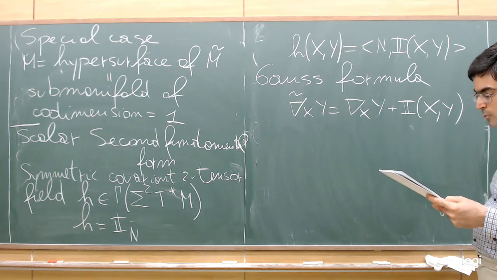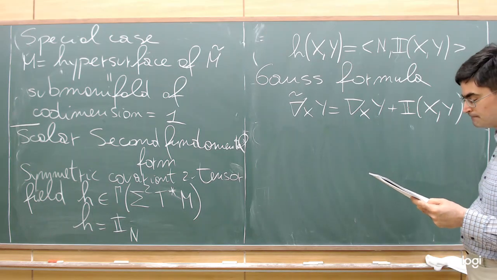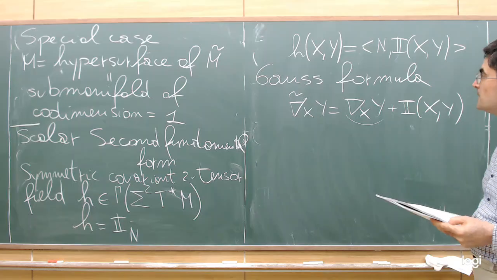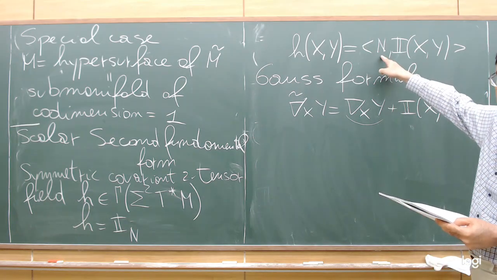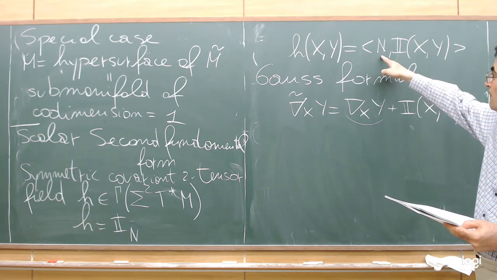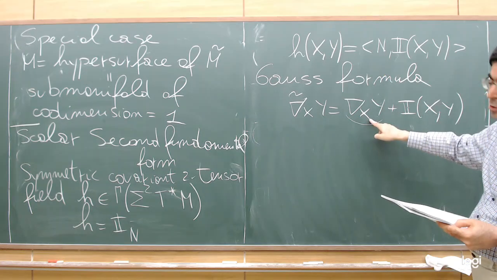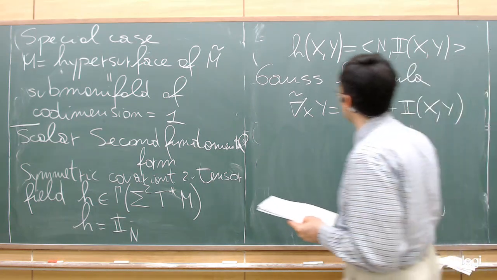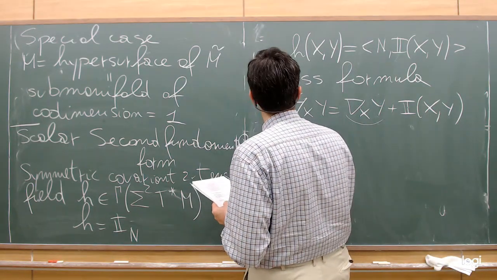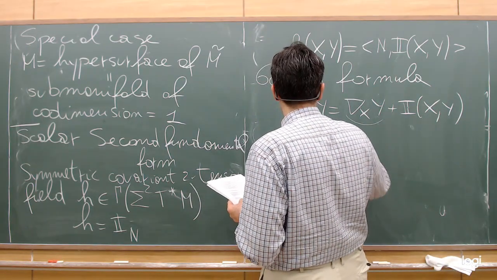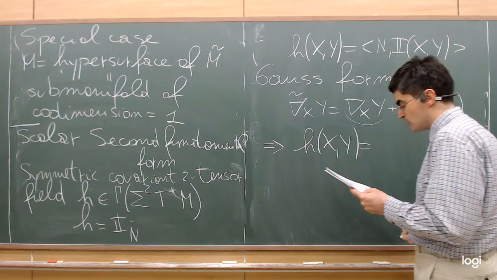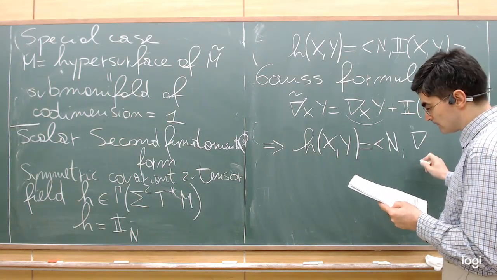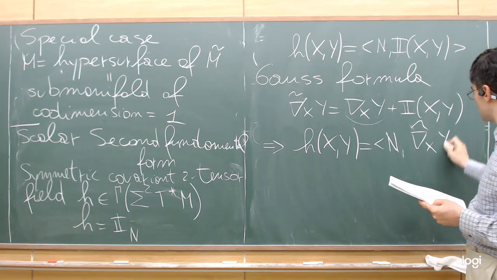And we use the fact that if n is normal to M, then n is orthogonal to this, because this is tangent to M. Consequently, h of x, y is also equal to this inner product.